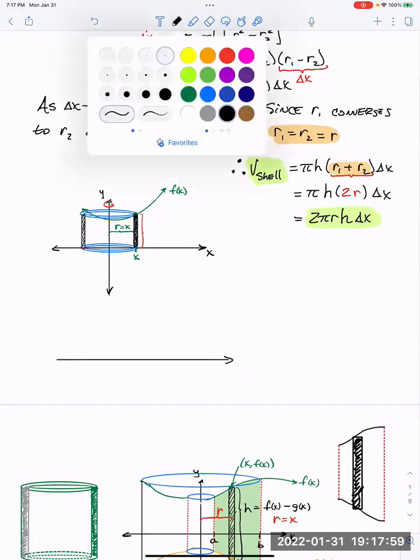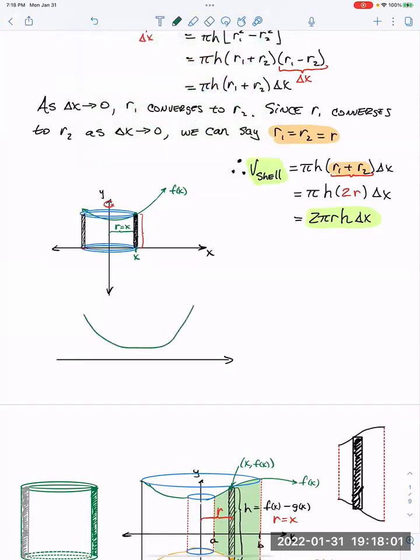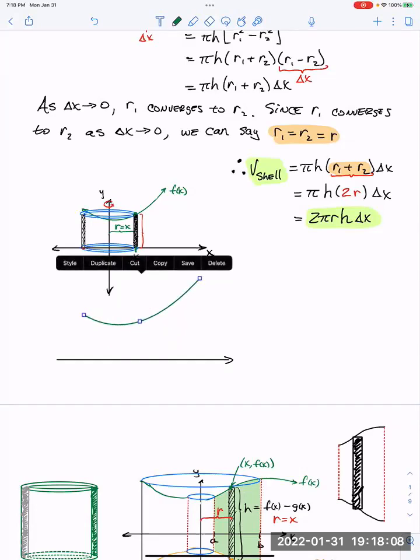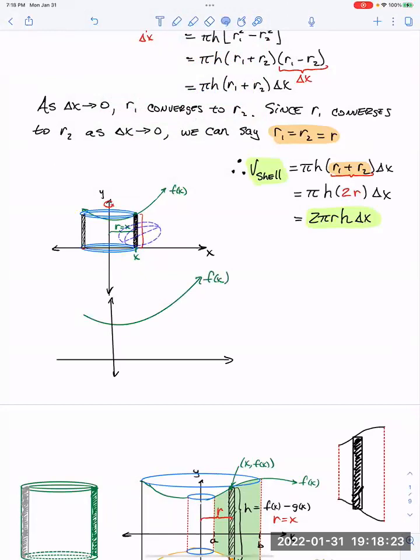And then you have a function going like this, and I'll fix that up a little bit. There's f of x. And then you had your y-axis here. Now I'll put it about right here. There we go. And this was your function f of x. And so if you take this arbitrary partition now and place it down here, let's extend it a little bit.